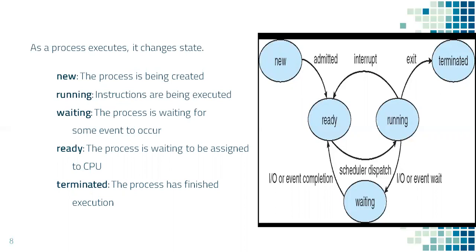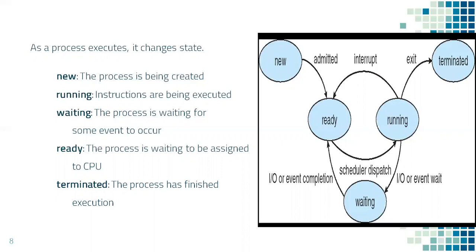A newly created process, when it is ready for execution on the CPU, will be admitted to a ready queue. Since we have a multi-programming environment on the computer, more than one process will be kept in the ready queue waiting for execution on the CPU.